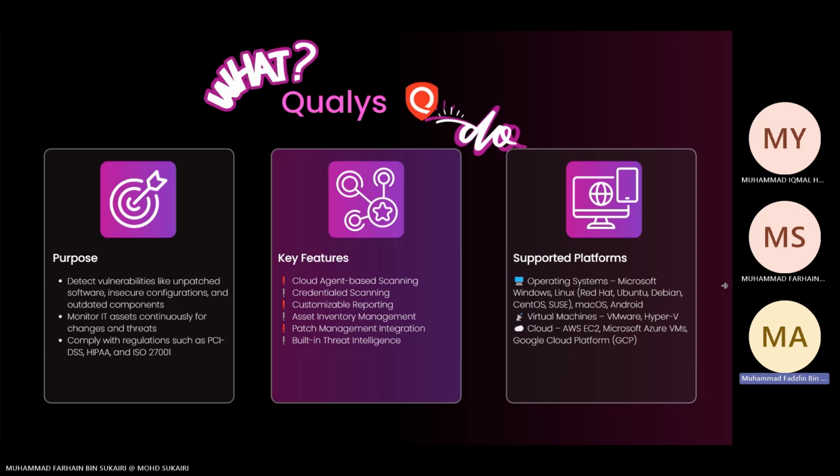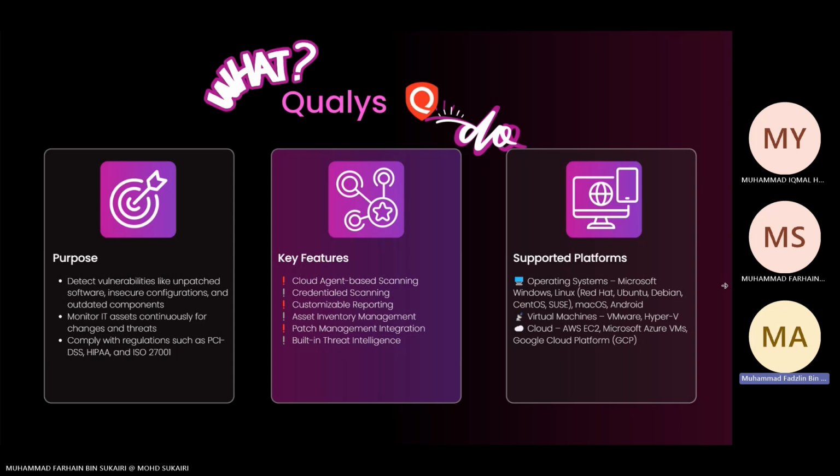Next, it can conduct customizable reporting, which is a risk-based report with CVE info, CVSS scores, and remediation tips. The fourth one is asset inventory management, where it automatically detects and categorizes all the host systems.